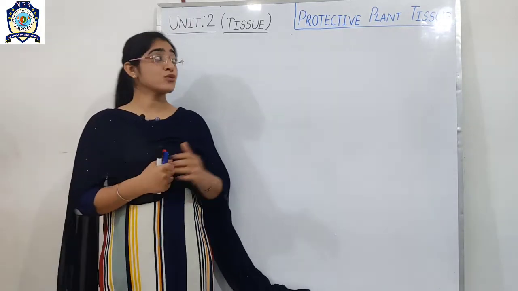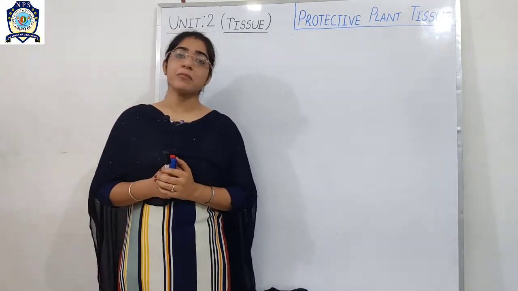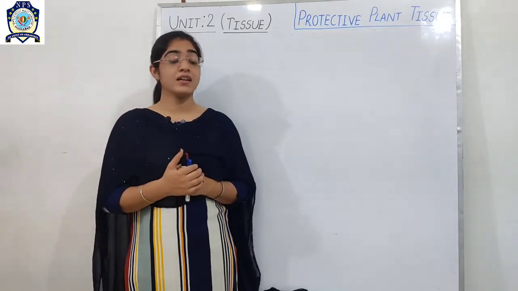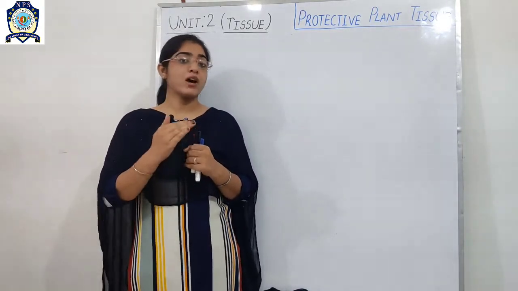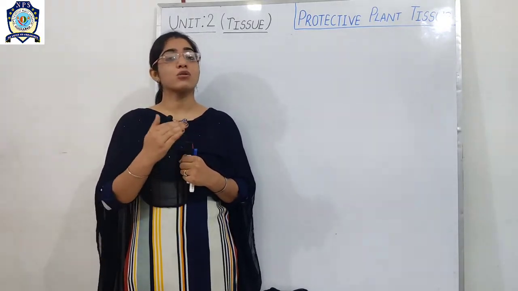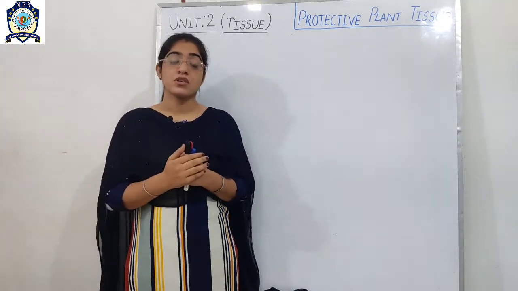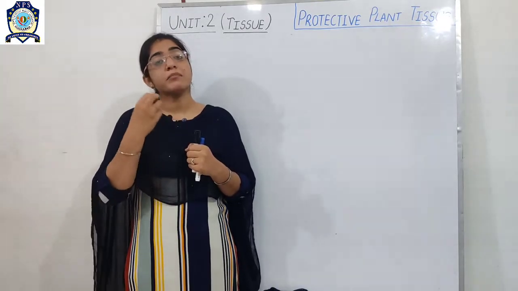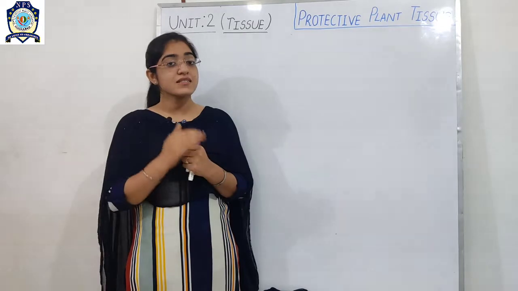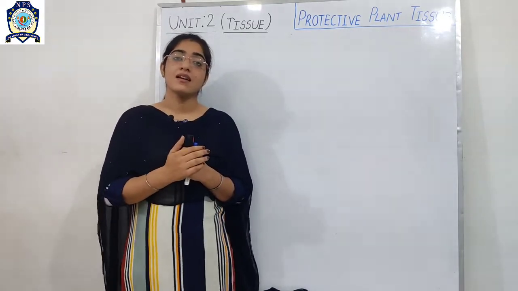Before coming to our topic, protective plant tissue, let me tell you one simple example. Nowadays you are using cell phones and laptops. What material are you using to protect the screen of the mobiles?